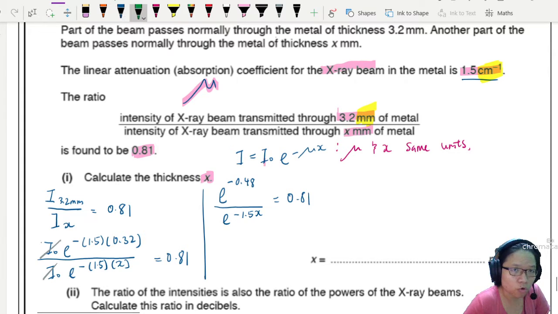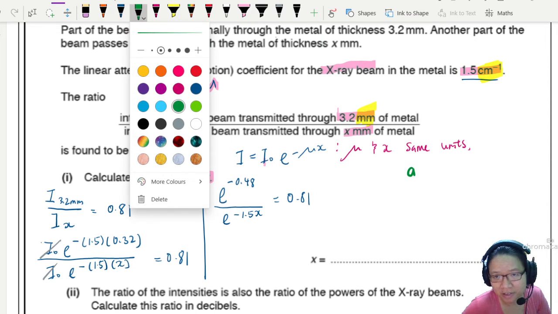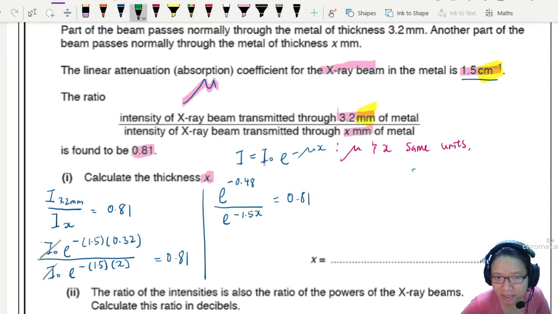I am going to borrow the index identity. This identity is x to the power of a over x to the power of b will be equal to x to the power of a minus b.